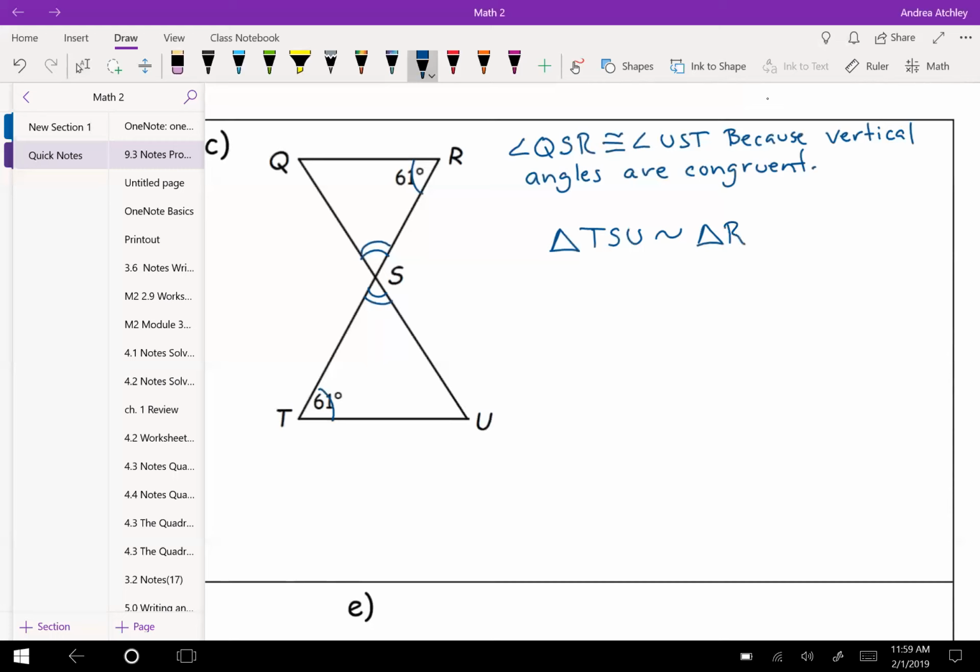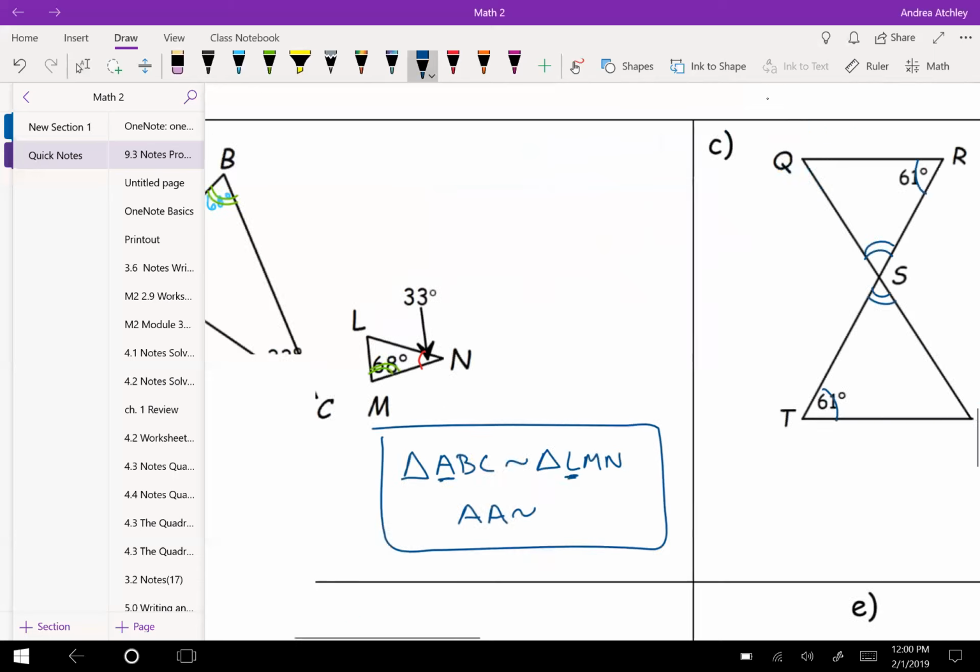R has to go first. Then what goes with S is S, and U goes Q. And we say they are similar by angle similarity. Guys, the talking needs to stop, write down, okay? Okay, next one.